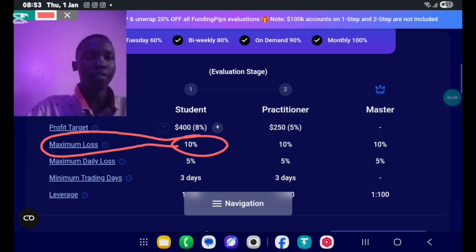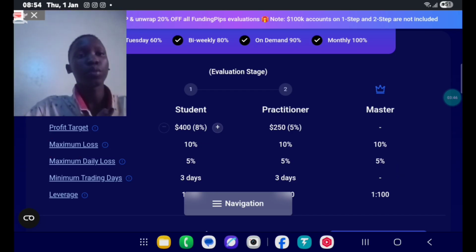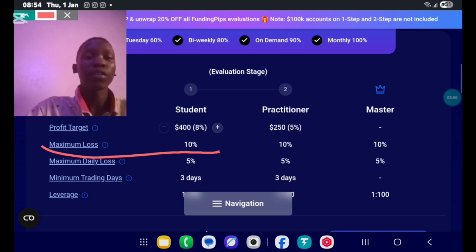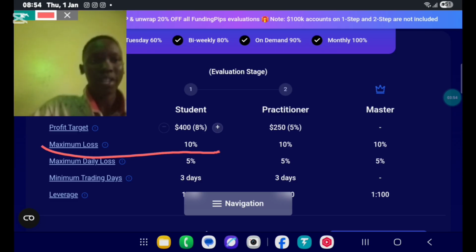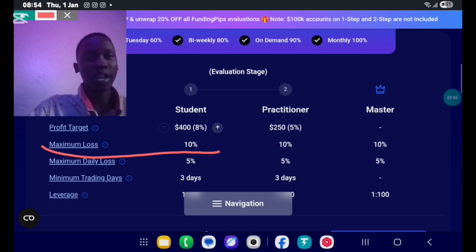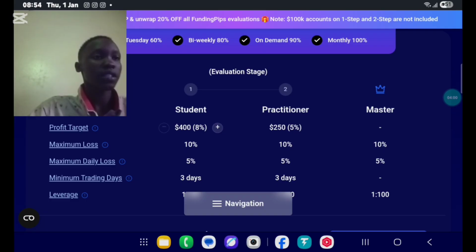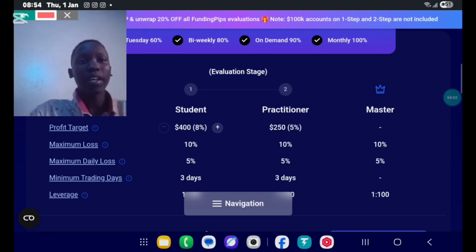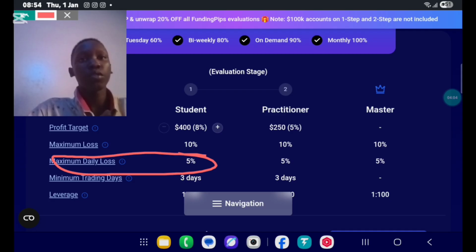Some of the people may think these rules are very bad, but they're actually good. So you should not lose 10% of the 5k account, which means you should not lose $500. Then there's this daily drawdown.